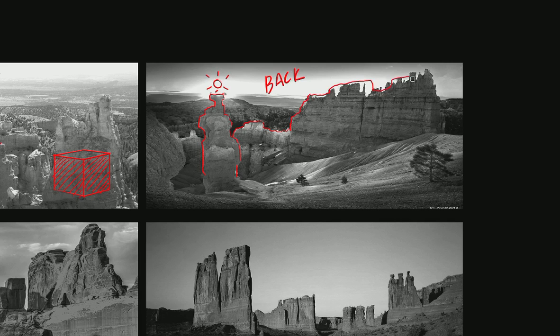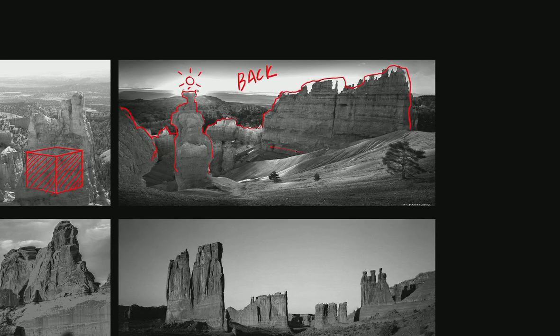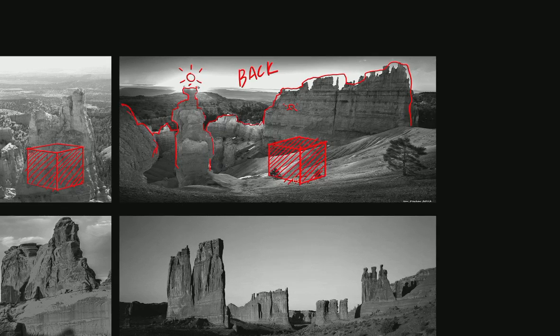So if you think about how this translates into a basic form, again, if we have a box and we have the sun being backlit from here, this box is more or less going to be lit only on the front side, and everything else here is going to actually be in shadow.